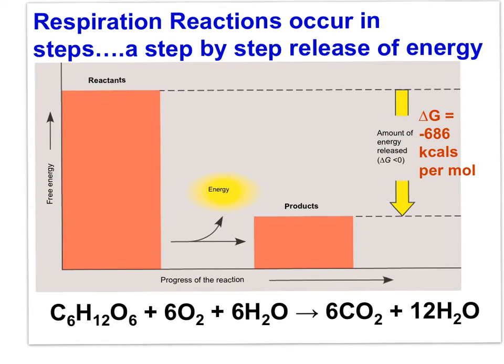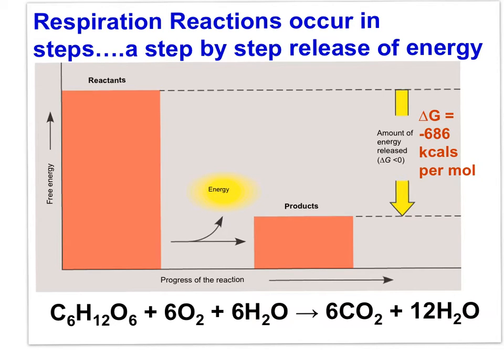Cell respiration is the controlled release of energy from glucose or other organic compounds to form ATP. You can see the reaction here. Glucose, a relatively large organic molecule, is the reactant in cell respiration. Glucose is broken down into carbon dioxide and water, the products.